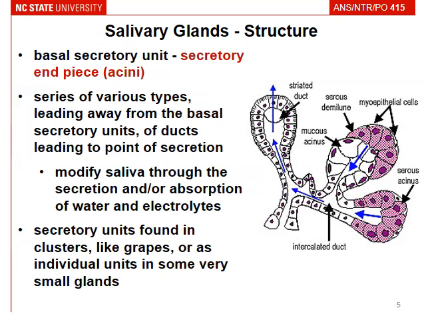Typically, depending on the type of saliva, we are either adding or removing water or electrolytes. A lot of times we are removing a lot of the electrolytes that are initially released from the secretory cells.